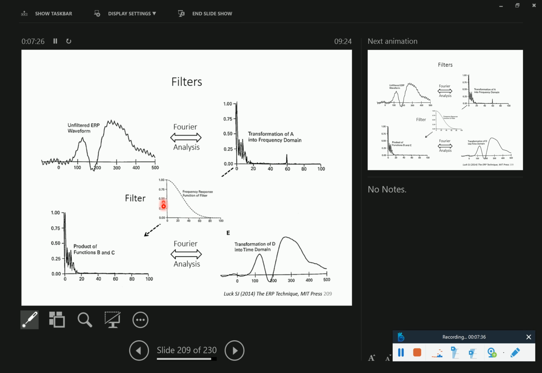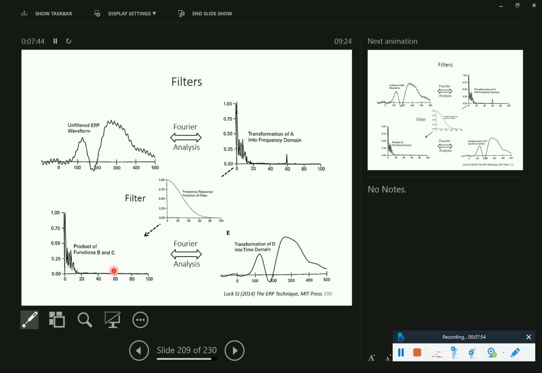this filter response, as it's called, the frequency response function of the filter, then because here the filter is very close to 0 and here you have a little bit, you will not see this anymore in the frequency representation of the signal.